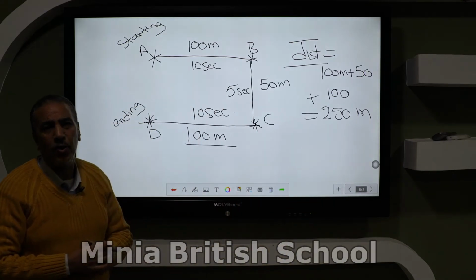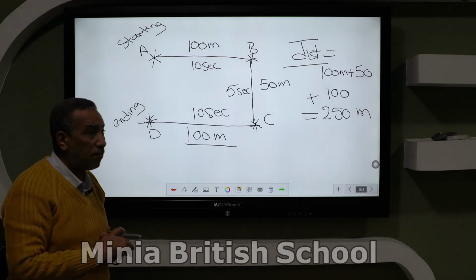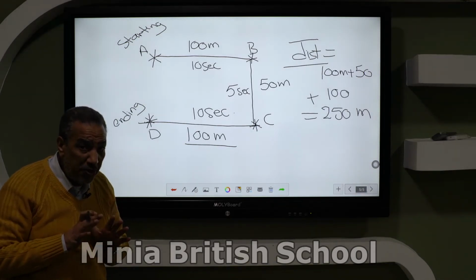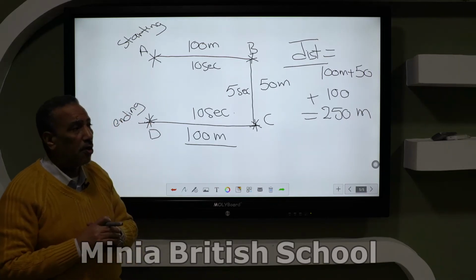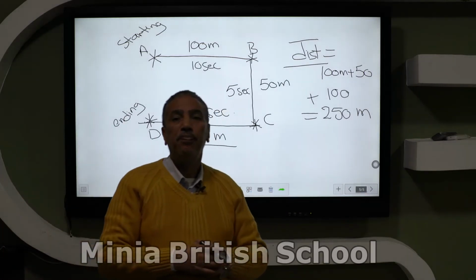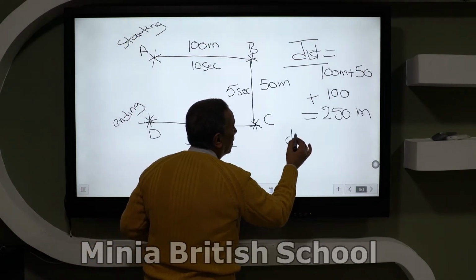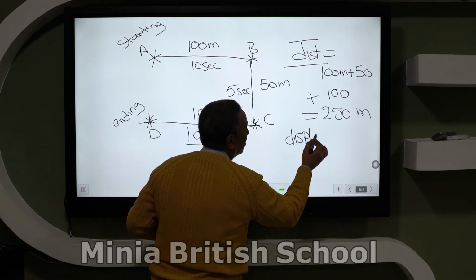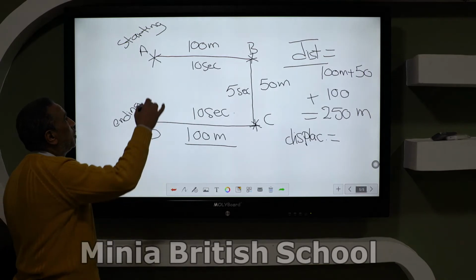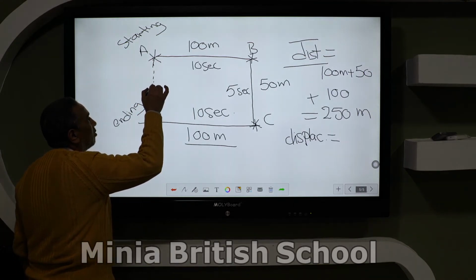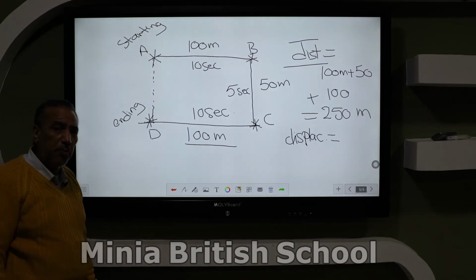If you are going to calculate the distance, it is the actual path that the body covered. Just your eye concentrates on the starting point and ending point, and the body moves within this area. But if you are going to calculate the displacement for this problem, it is just the shortest straight line between the starting point and ending point.